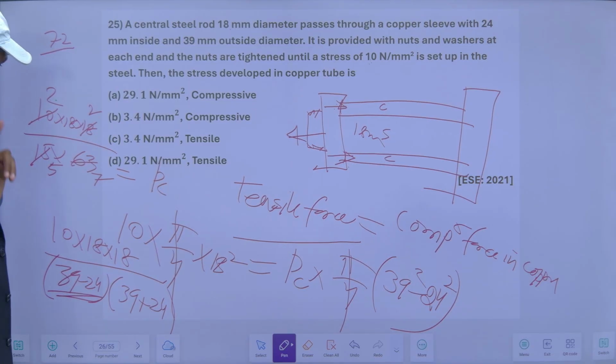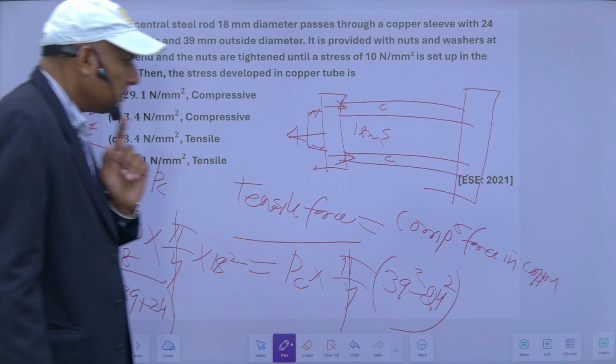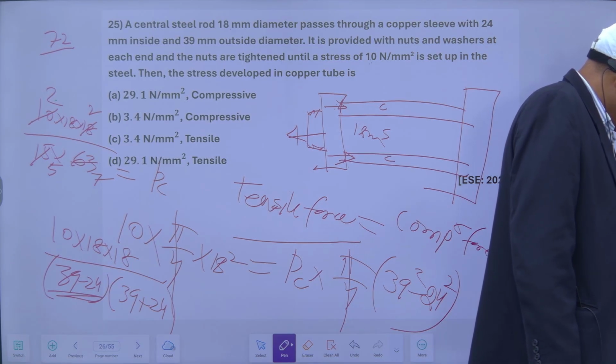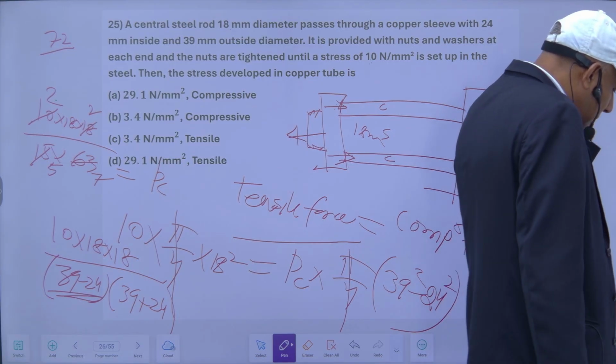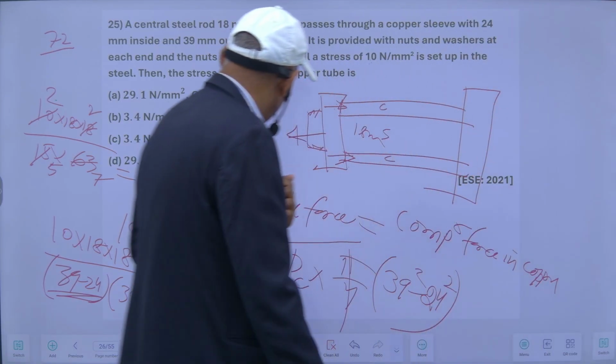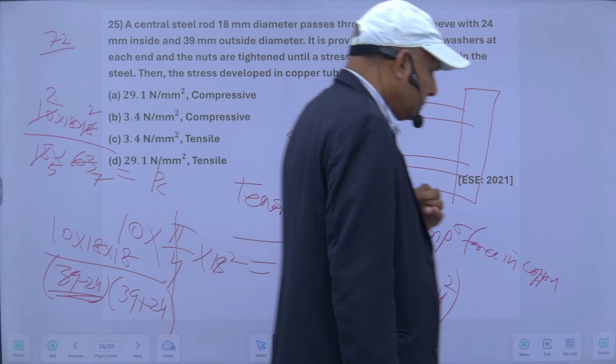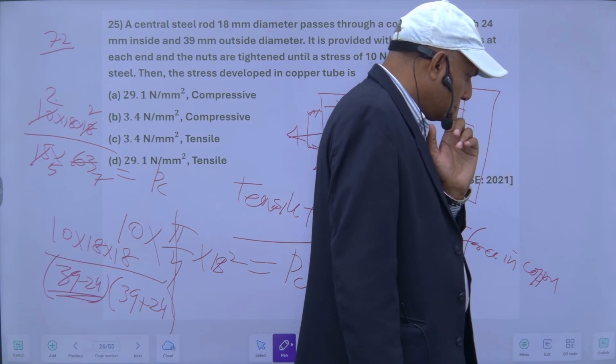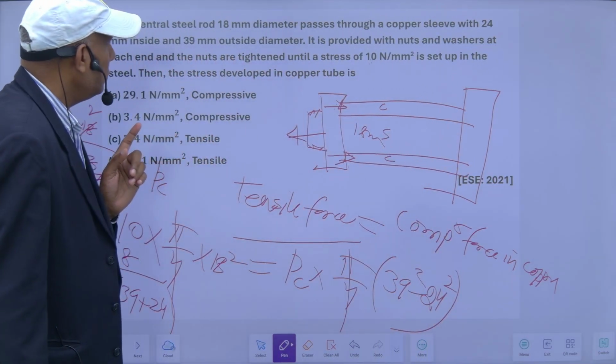So after the calculations, this will be set. So this is a Newton.